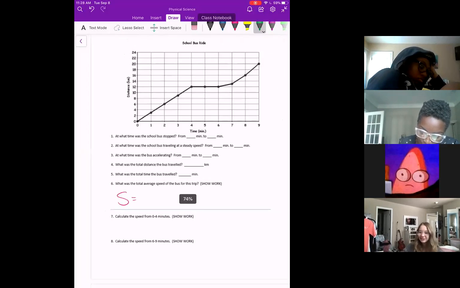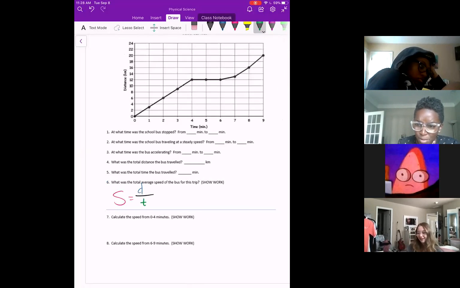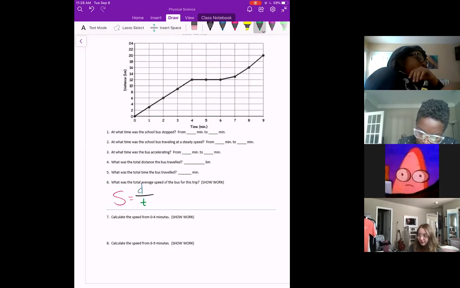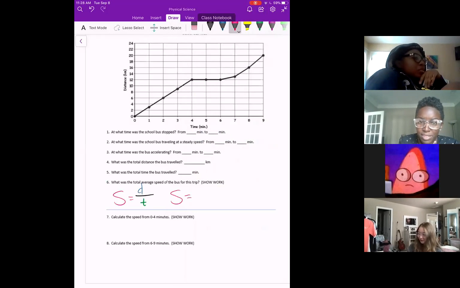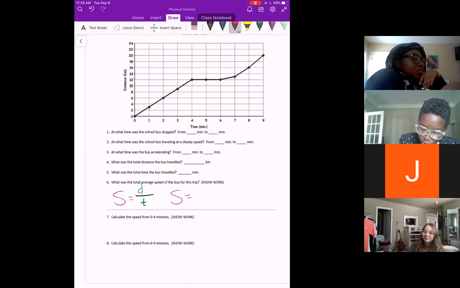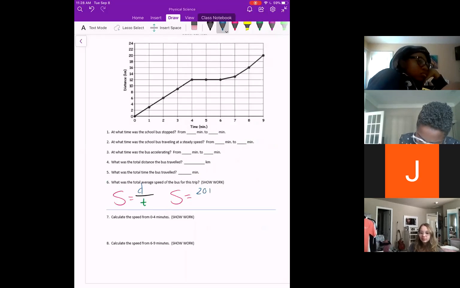So if we add up our total distance, what was the total distance we actually went? Anybody remember the total distance that the bus actually traveled? It was 20. Very nice, 20 kilometers.